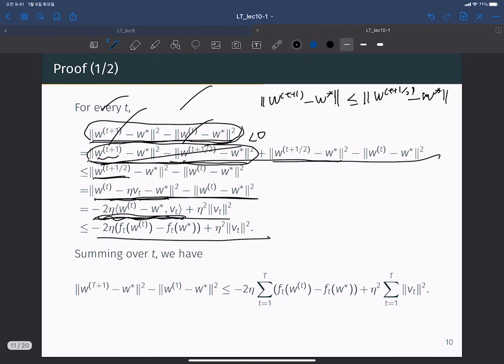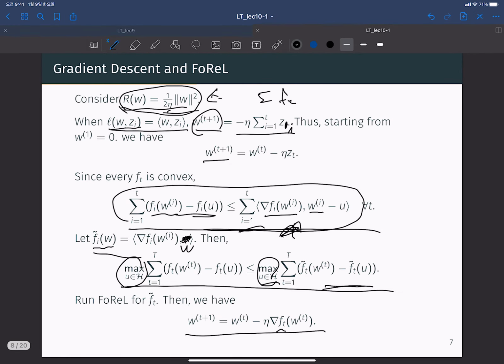This comes from this f tilde conversion. Since the max of the summation t=1 to T of f_t(w_t) minus f_t(u) is upper-bounded by the summation of f tilde_t(w_t) minus f tilde_t(u), when we can upper bound the regret of f tilde, this upper bound naturally upper bounds the regret of our original function f.